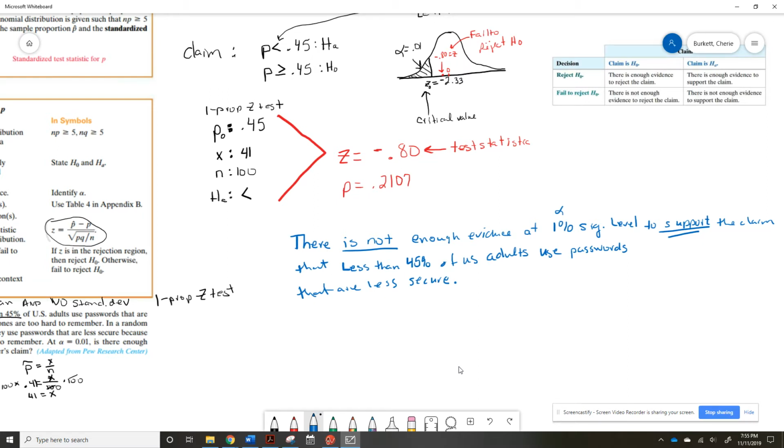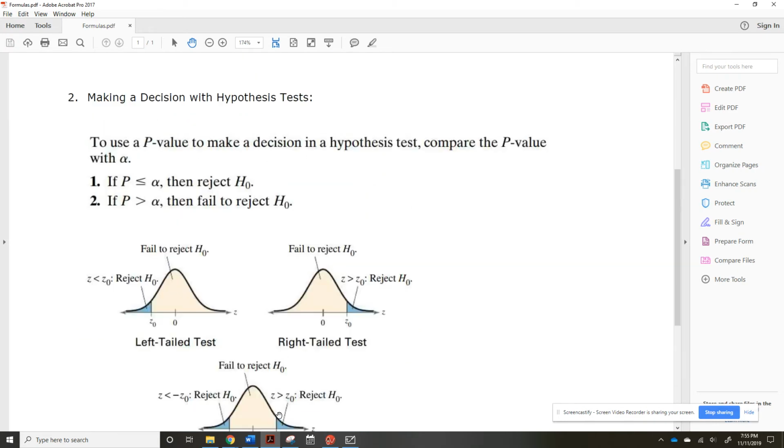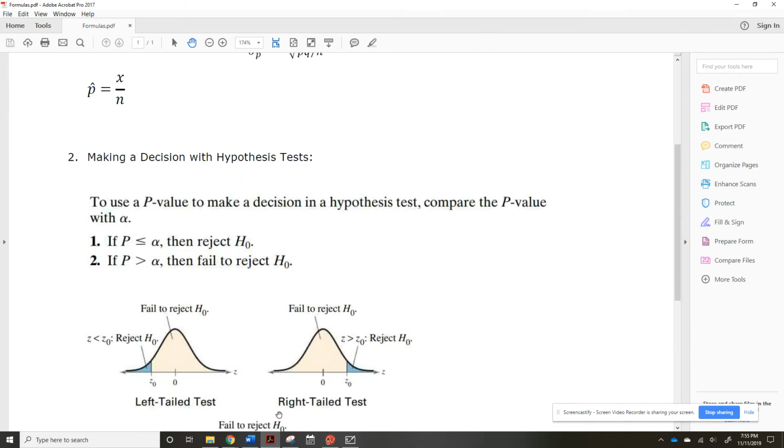Okay, so the other test that we could do is to compare P to alpha. Remember, was it here? Here, there we go. The other test right here is this one. We compare P and alpha.